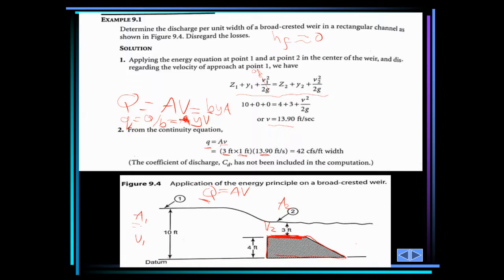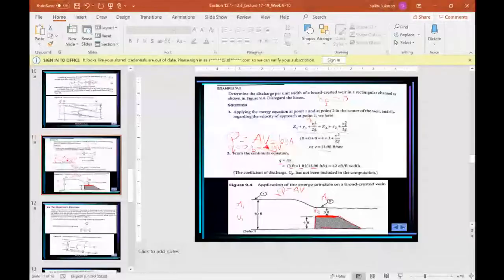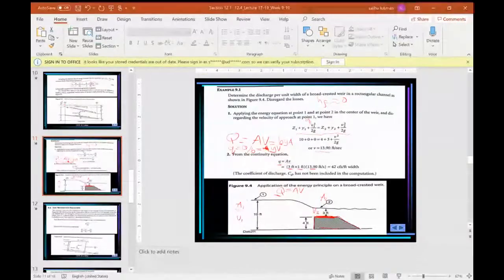Which one will be larger? Which section will have larger velocity? We don't have point 3. We have only point 1 and 2. Amjad. Okay, point 2. Okay. Abdulaziz.